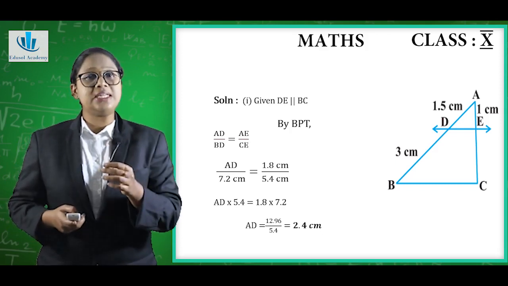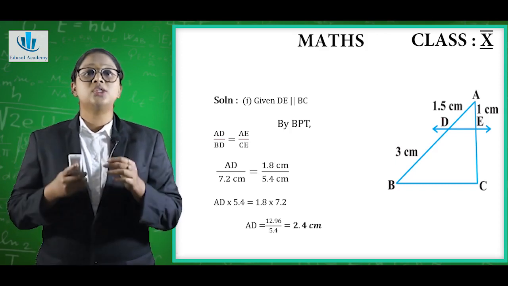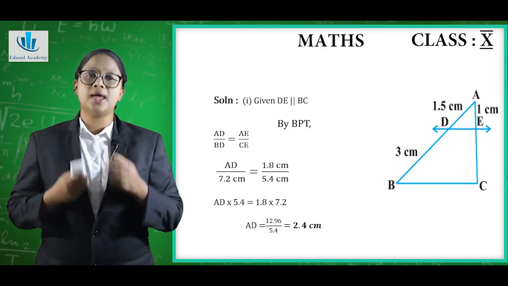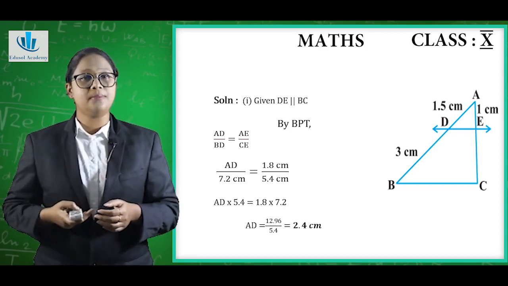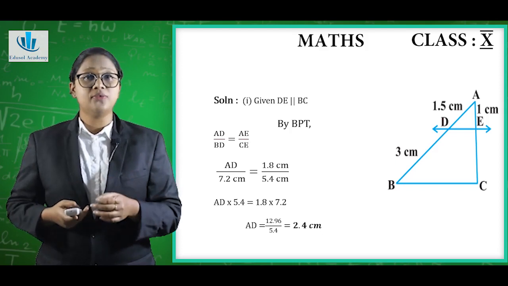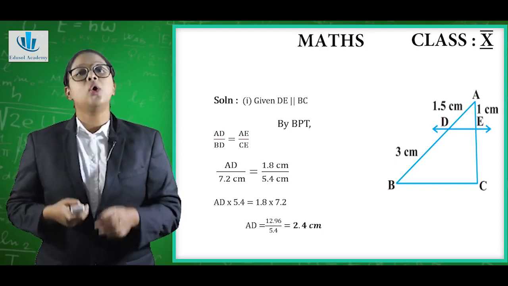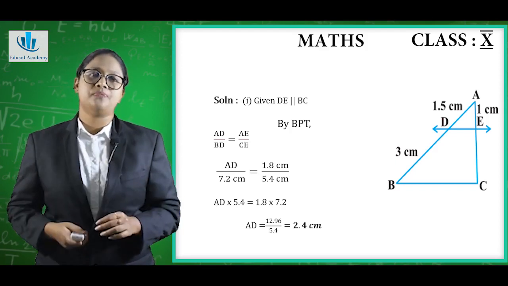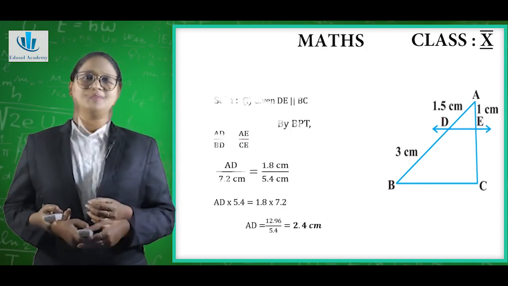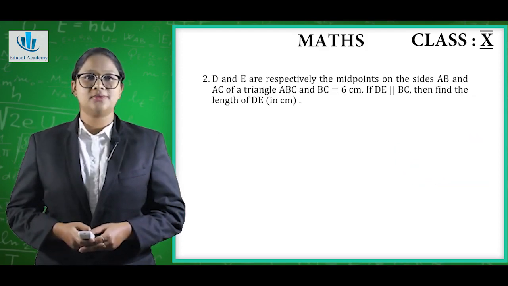Now 1.8 into 7.2 is 12.96 by multiplication. That divided by 5.4 will give you 2.4 centimeter, which is the value of AD. That's it about this question. Now we shall move on to the next question.